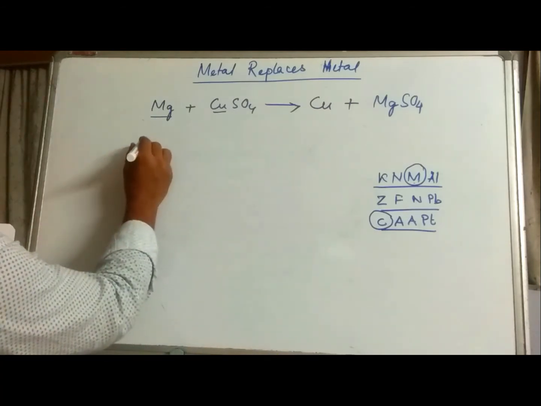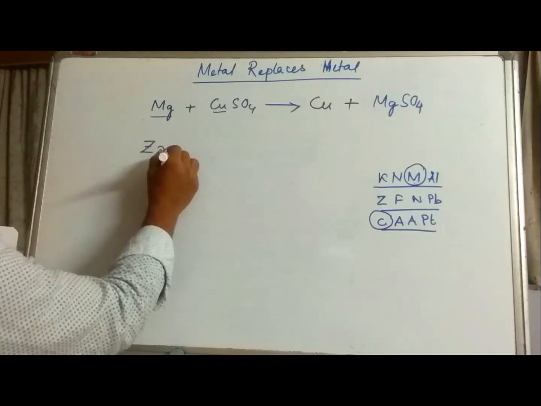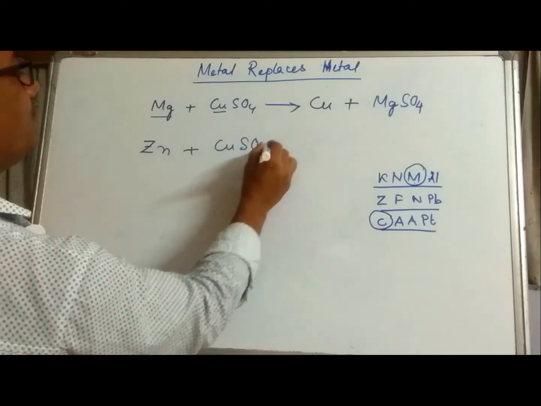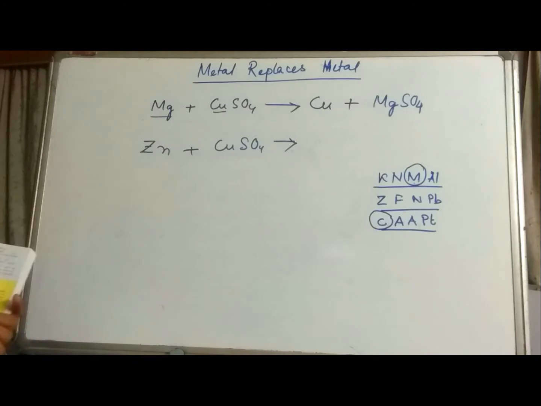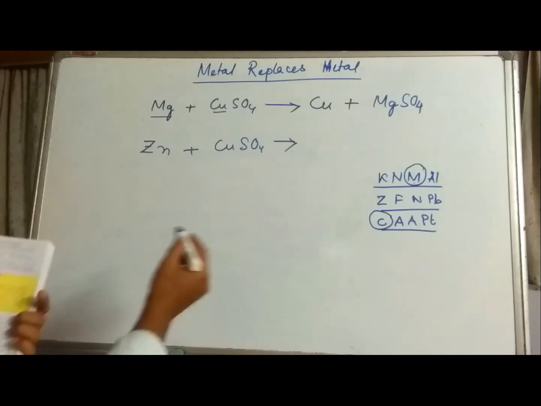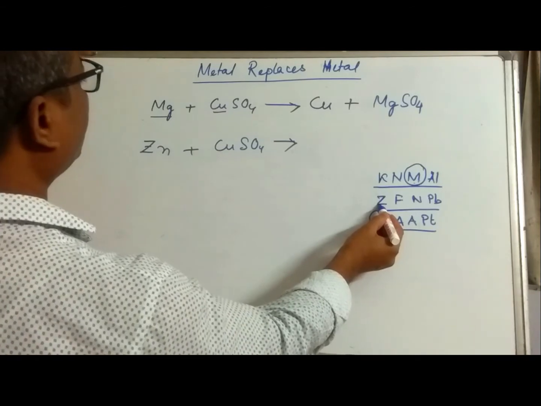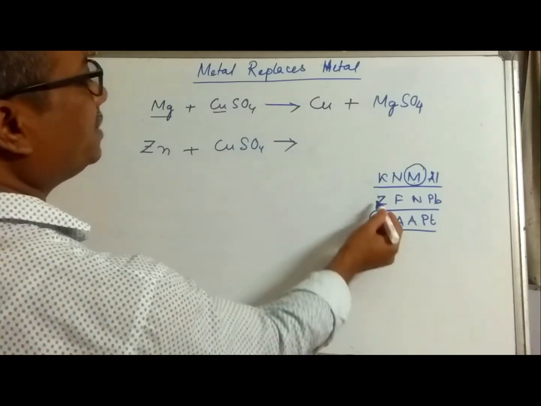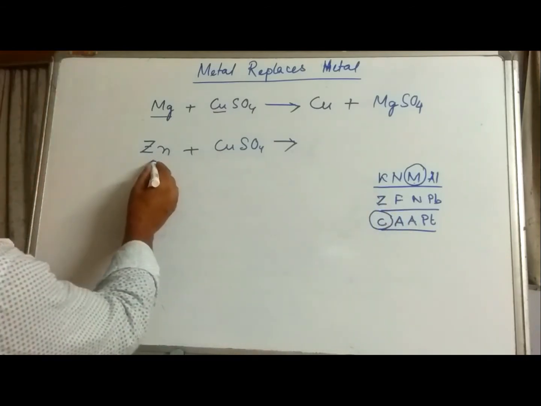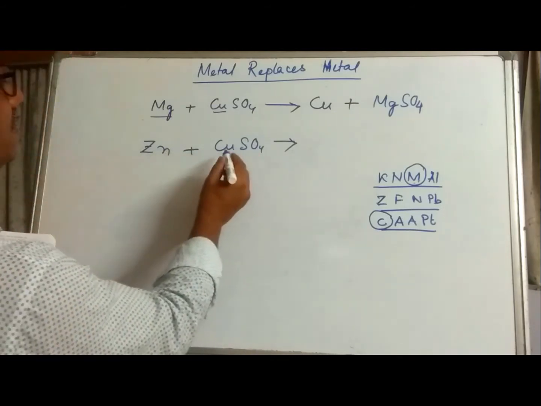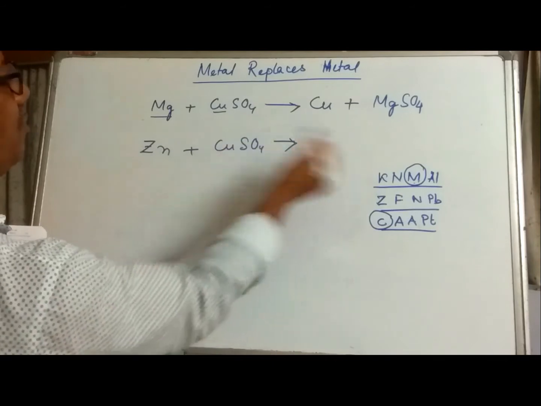Similarly, when zinc reacts with copper sulfate, you can solve the equation yourself. See, this is Z, that means zinc, and copper is here. So zinc is more reactive than copper. So zinc will substitute the copper.